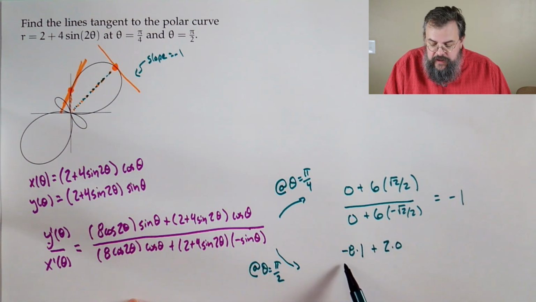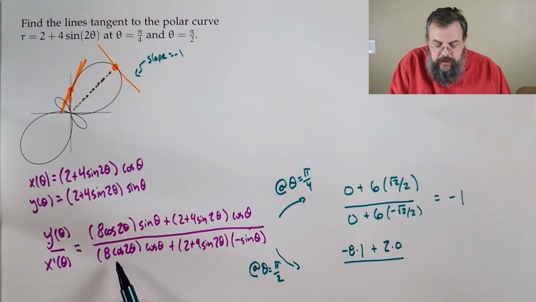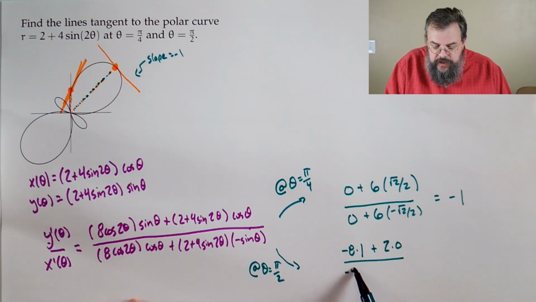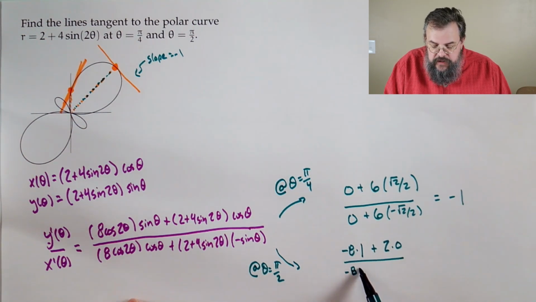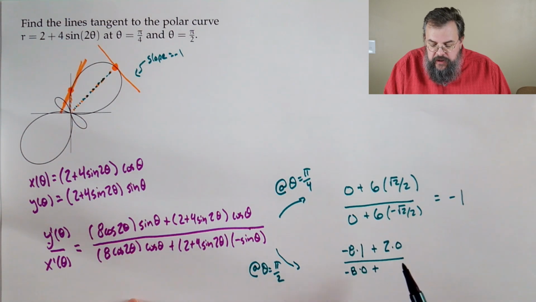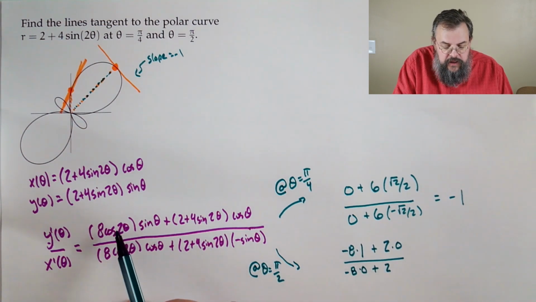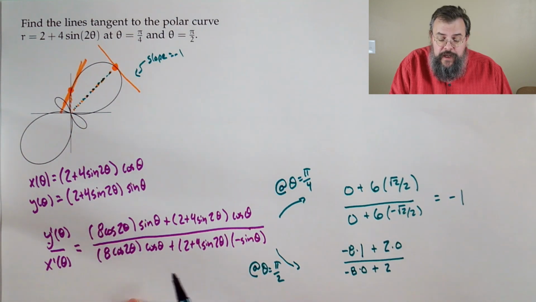Divide by. Here we're still going to have negative 8 from the first term. Then cosine pi over 2 is 0, so that term's going to go away. Plus, now here, 2 plus 0 again, so 2. You'll see the parts here copy.